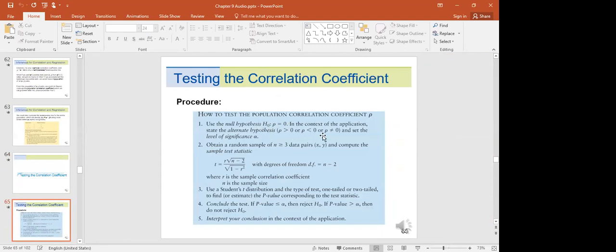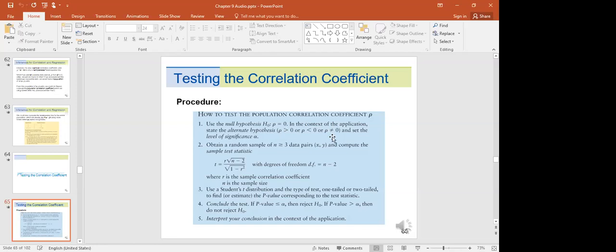And the alternative hypothesis is about one of these three: rho is positive, rho is negative, rho is different from 0. When you are using Excel, Excel is only testing for rho different from 0. If you are using your calculator, you will have the option to test whether it's positive or negative.